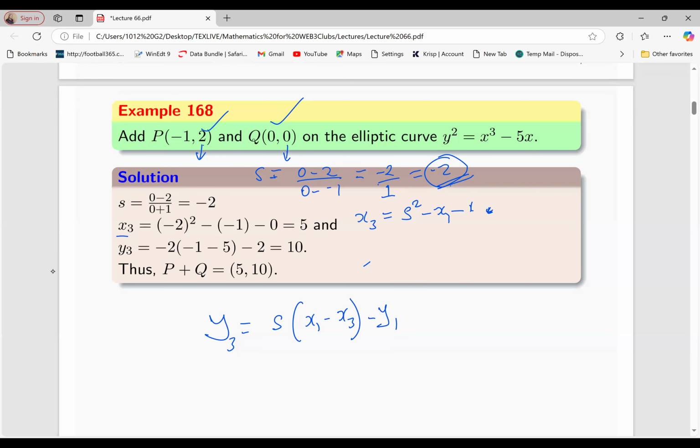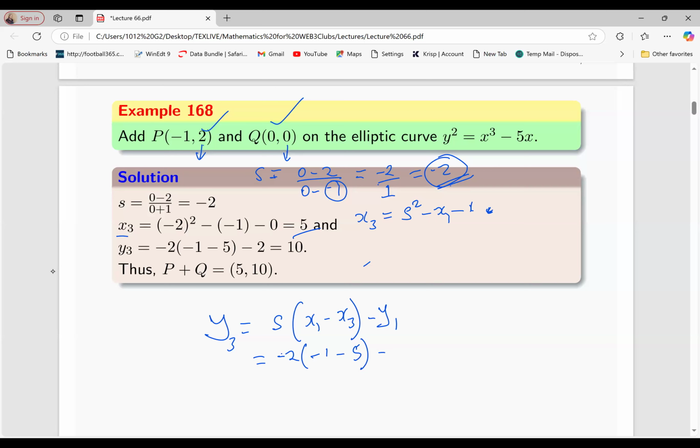So this was -2. But you must be consistent when you're interchanging. x1 we've been using as -1, and x3 we just obtained as 5.